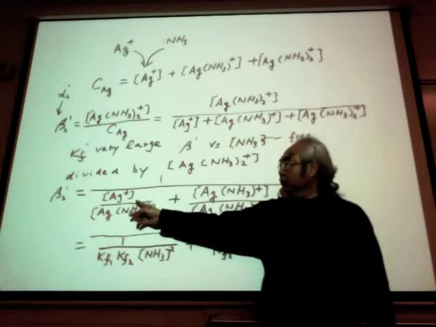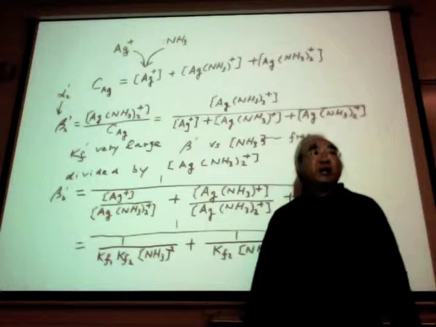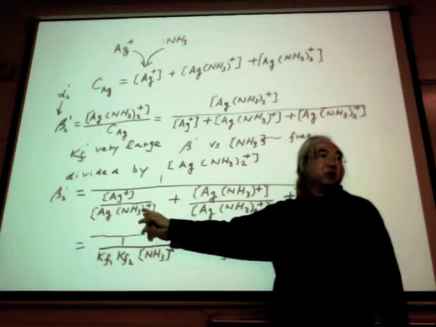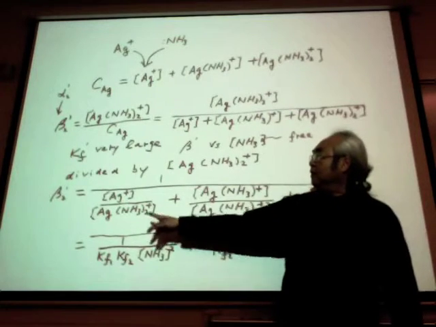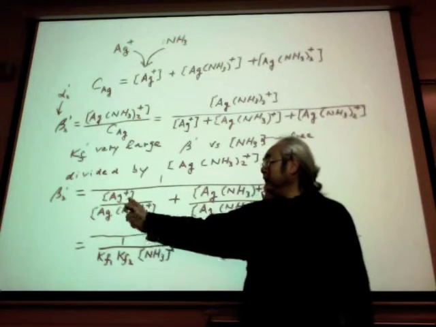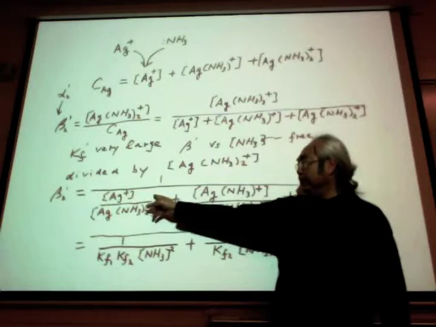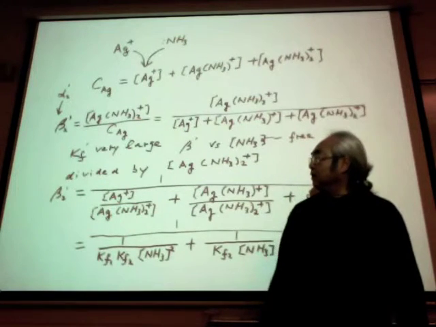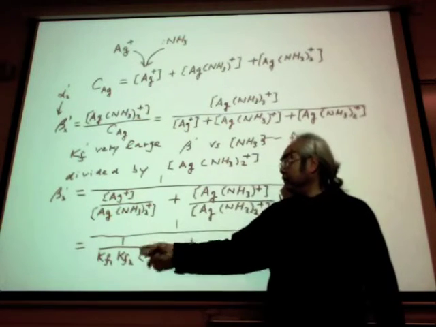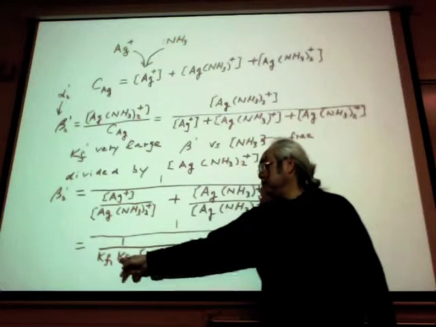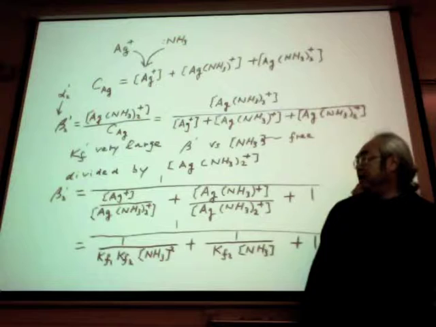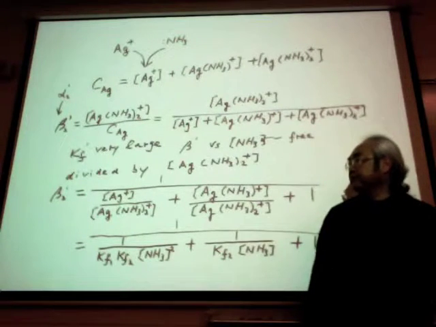So now you need to go back to the equilibrium expressions, Kf1 and Kf2. You will have an intermediate for the Kf1 product. This is going to be equivalent to the reciprocal of this 2 multiplied by that 2.